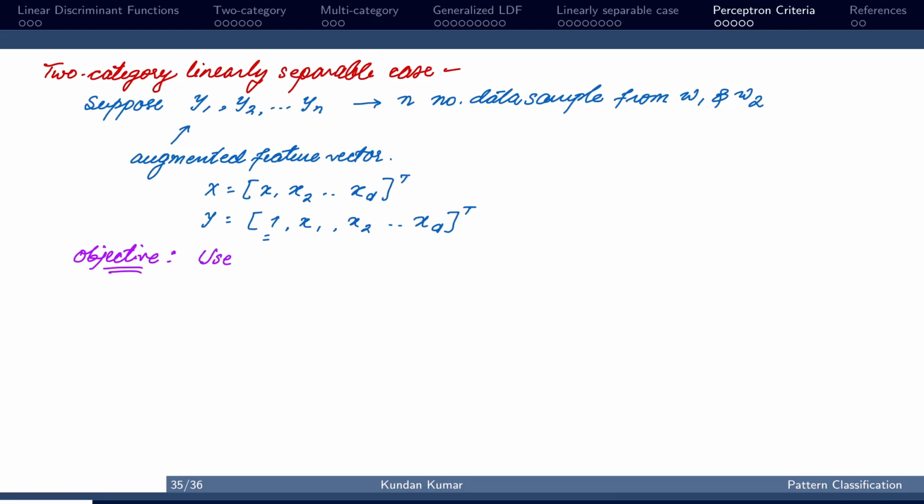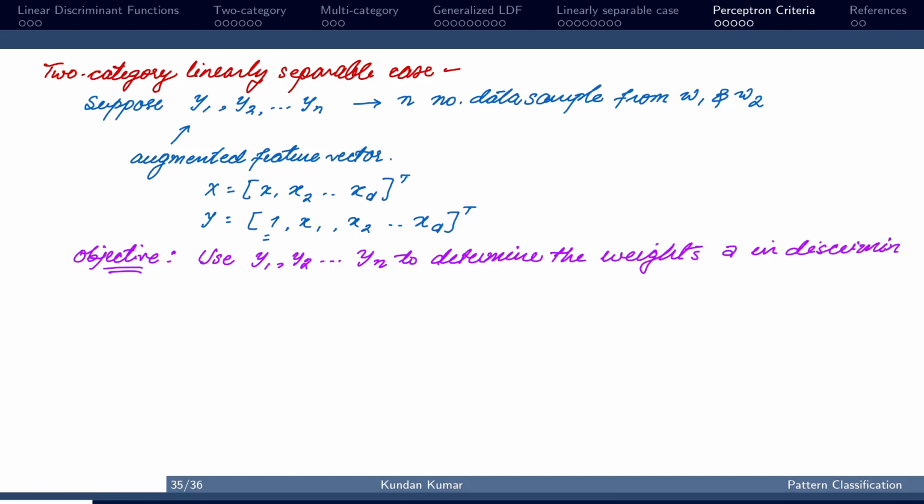Use y1, y2, yn to determine the weights A in a discriminant function g(x) equal to A transpose y.